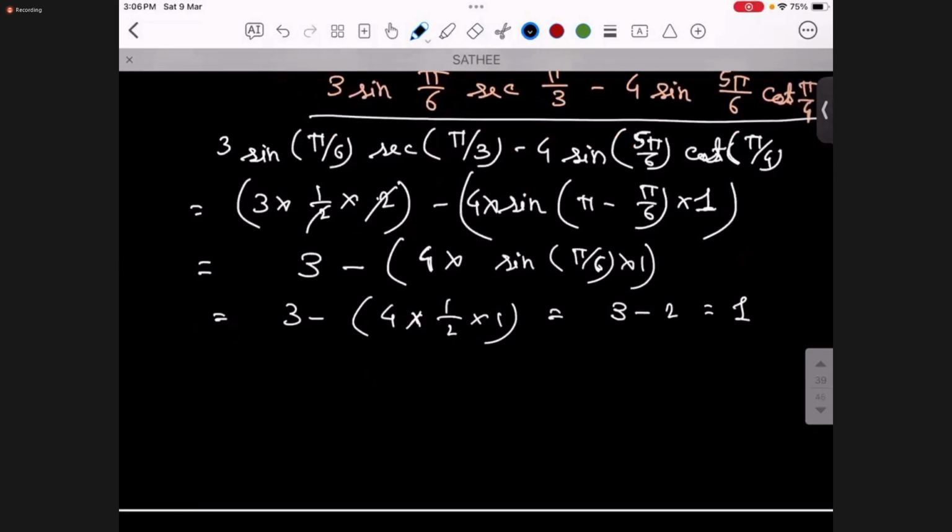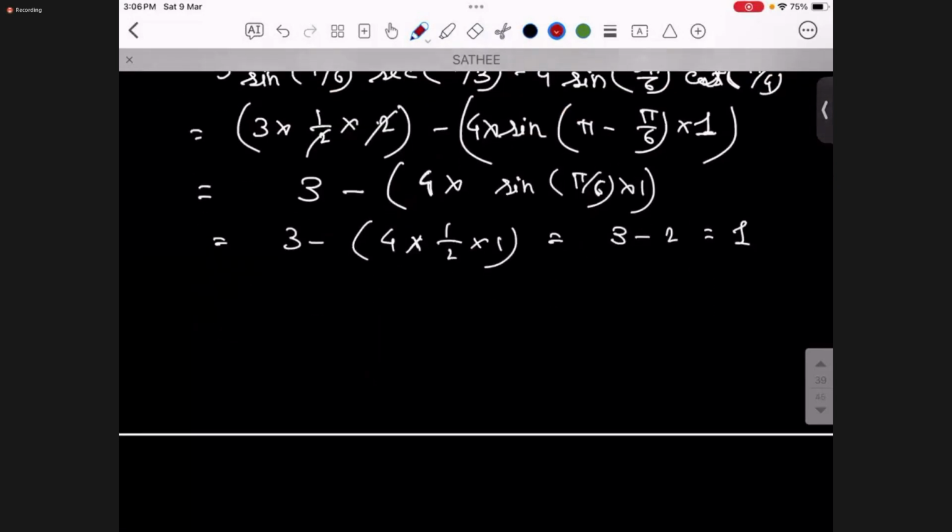Okay, so let's go for the next question. Find the value of sin 15 degrees. Now one can clearly see that 15 degrees is not a well-known measure of an angle, and we usually don't know the value of sin 15 degrees.